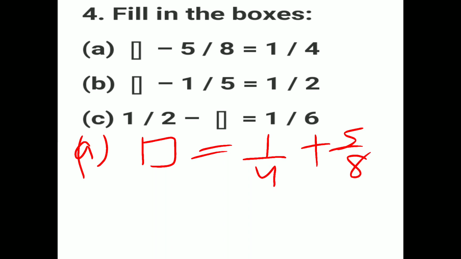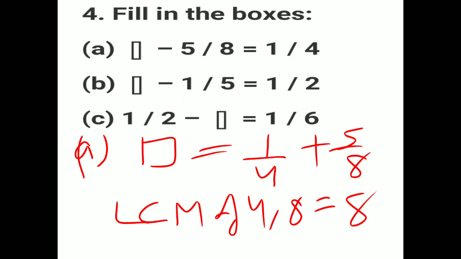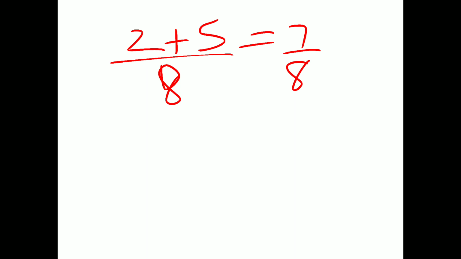Clear? Now take out the LCM of it. LCM of 4 and 8 will be 8 only. Now you have to see, 4 table 8 comes at 2s, so 2. And 8 table 8 comes at 1s, so answer is 7 by 8. In that box, what answer comes? 7 by 8. Clear? This is the answer.